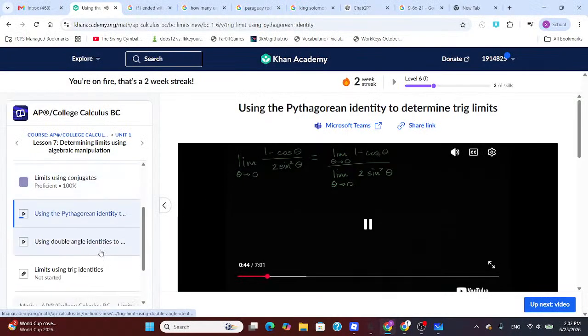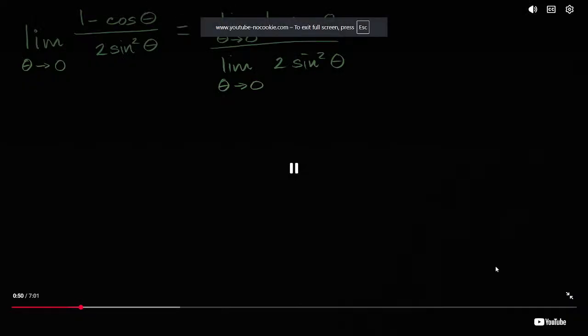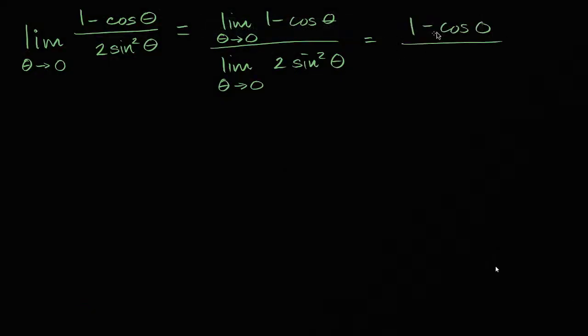They'd be continuous at theta equals 0. So the limit is going to be the same thing as just evaluating them at theta equals 0. So this is going to be equal to 1 minus cosine of 0 over 2 sine squared of 0. Now, cosine of 0 is 1, and then 1 minus 1 is 0. And sine of 0 is 0, and you square it, you still got 0, and you multiply it times 2, you still got 0. So you got 0 over.